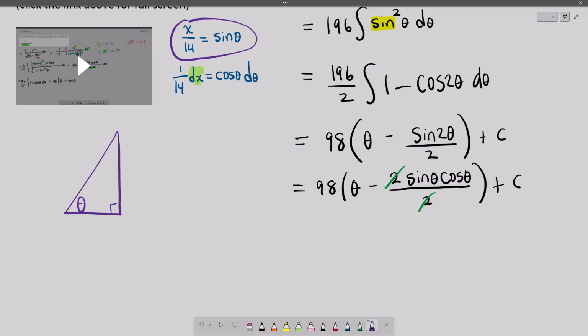So sine of theta is opposite over hypotenuse. Sine of theta, x over 14. So we want opposite over hypotenuse to be x over 14. And then we fill in the blank. The missing side here is going to be the square root of the hypotenuse squared, 196, minus that other side squared, x squared.